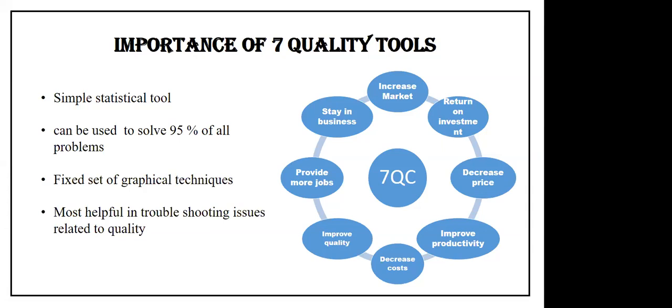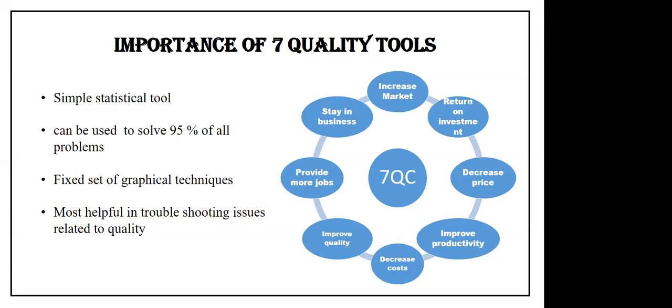Another theorist, Kaoru Ishikawa, has stated that these tools can be used to solve 95% of all problems. As I said in the introduction, by using quality tools, an organization can improve quality, decrease cost, improve productivity, decrease price, increase market, provide more jobs, and obtain more ROI. ROI means return on investment.